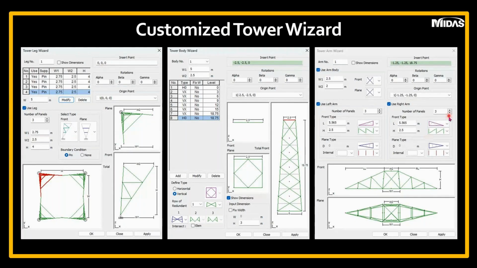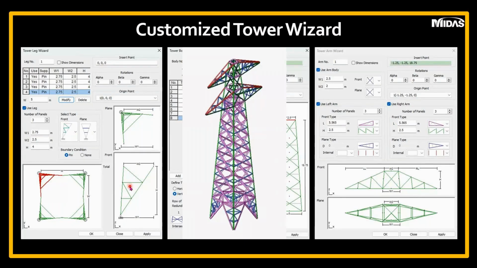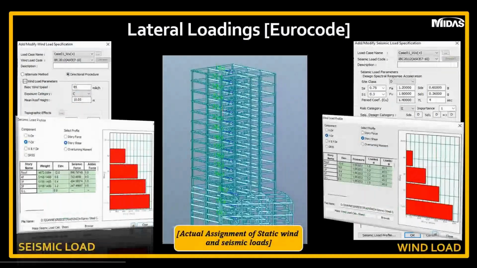Once we enter this basic data, we can quickly generate towers of different configurations, and then we can apply different types of loads, more specifically the wind loads and the seismic loads. So now let us jump into the MIDAS Gen software solution and see how we can easily generate this particular model.